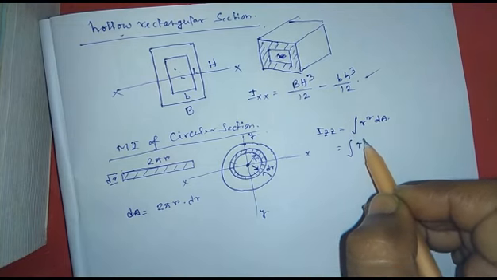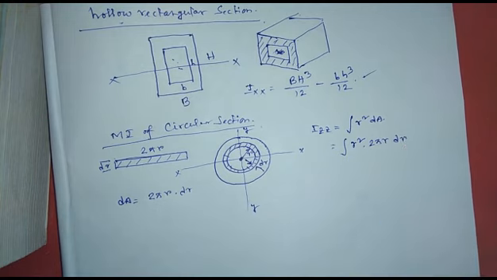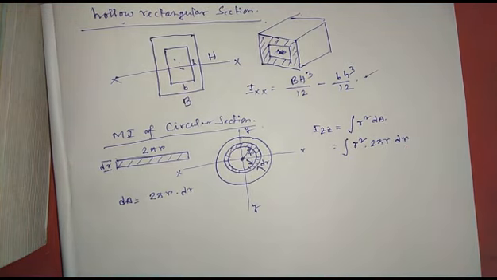So that is coming as r square into 2 pi r dr. Now what is the limit of r?